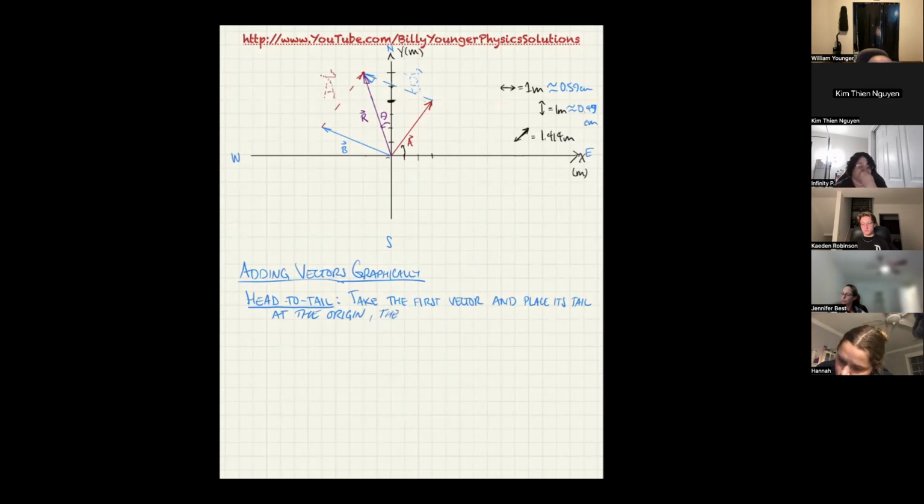The tail of the second goes at the head of the first. Okay.